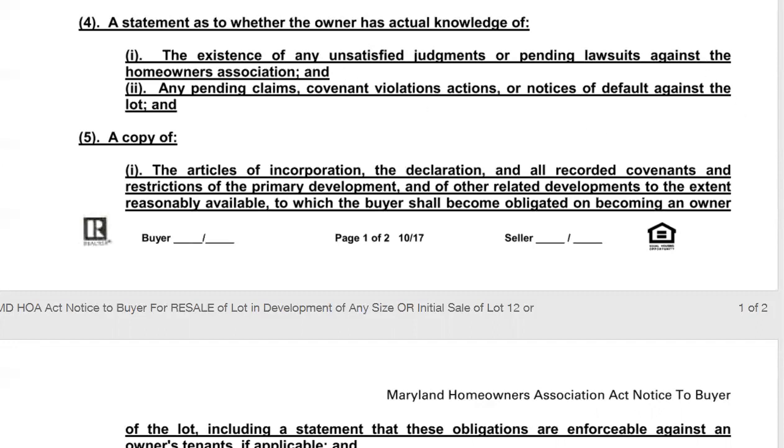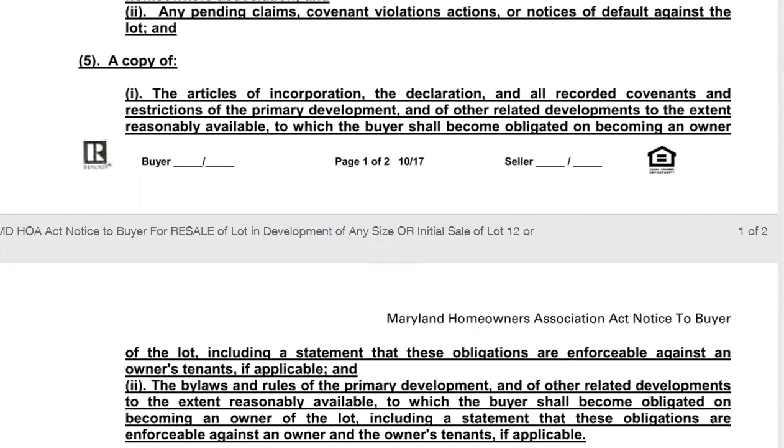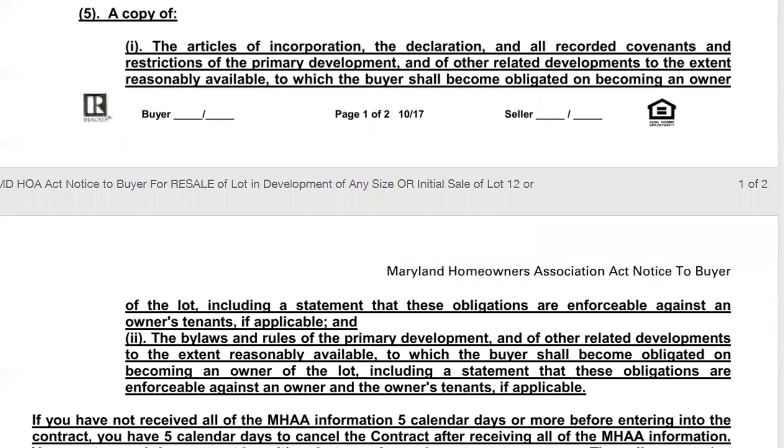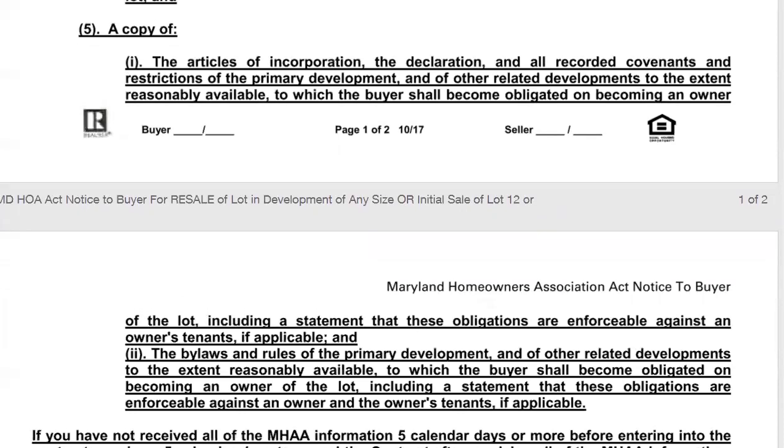In addition to all of these notices, they're required to provide a whole bunch of documents for the review of the buyer. This is typically called the resale package in terms that the HOA will understand. But you'll receive a copy of the Articles of Incorporation for the HOA, the declaration, as well as all recorded covenants and restrictions related to the lot.